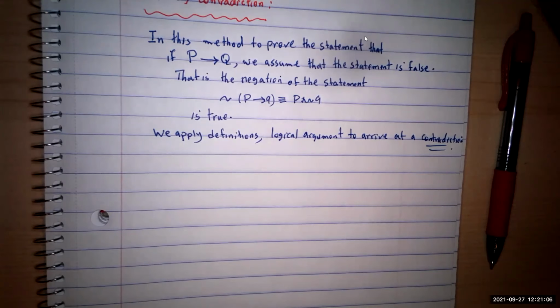Now, all the other nice examples are related to rational numbers and irrational numbers. Most of them depend on this next fact: that radical 2 is not a rational number, or radical 3, radical 5.